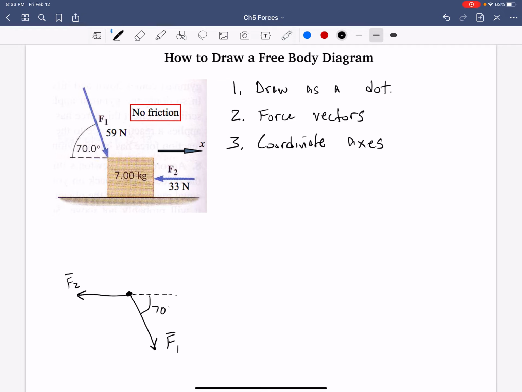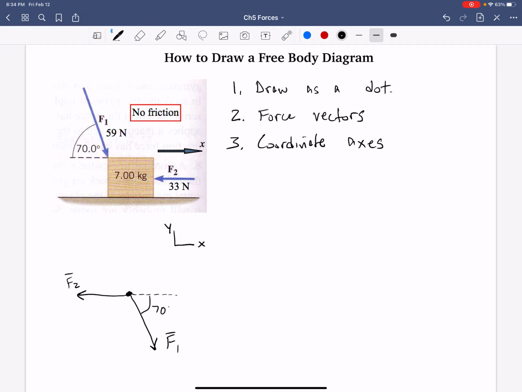You don't have to draw it necessarily in this diagram. What I mean by draw a coordinate axis is just specify off to the side which direction you want to be your positive x and positive y. And that's completely up to you. I chose the conventional left and up as positive.